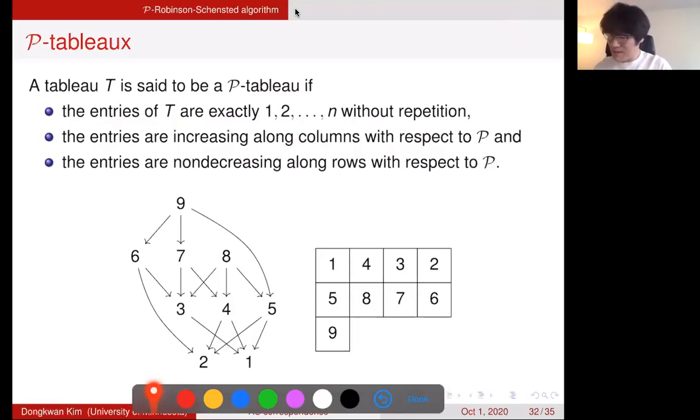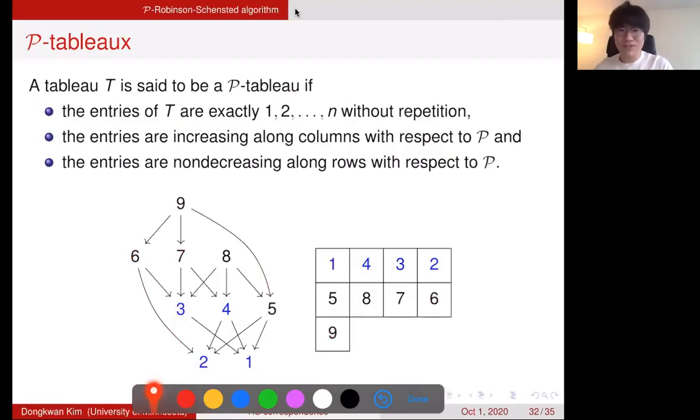So suppose that we have this Hasse diagram, and I believe that this is a P tableau where each column is a chain, and for each row, if you look at 1, 4, 3, 2, from 1 to 4, it's not decreasing. 4 to 3 looks like decreasing, but they are not comparable, so it's actually not decreasing with respect to P. 3 to 2, same thing.